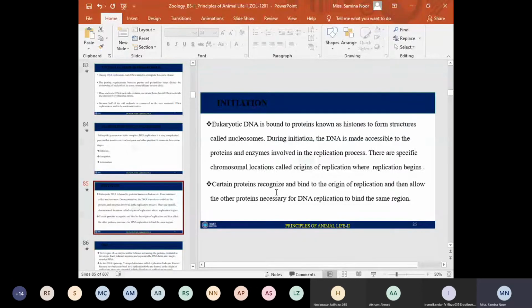For this purpose, specific chromosomal locations are present in the structure of the DNA or the nucleosomes, and such locations are known as the origins of replication. They are the special sites from where the process of replication begins. So the site from where DNA replication begins or initiates is known as the origin site, or the origin of replication.